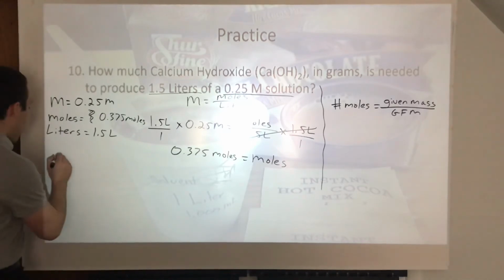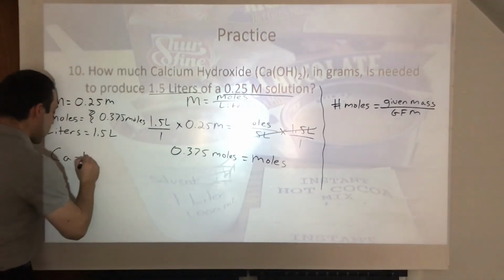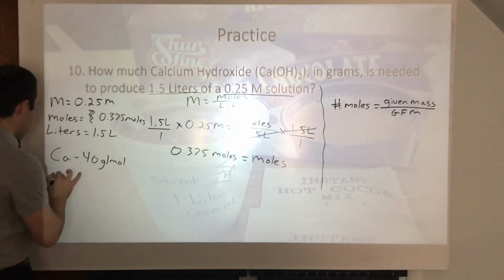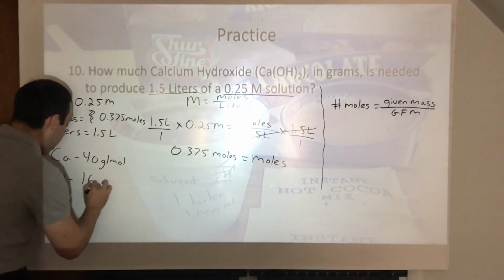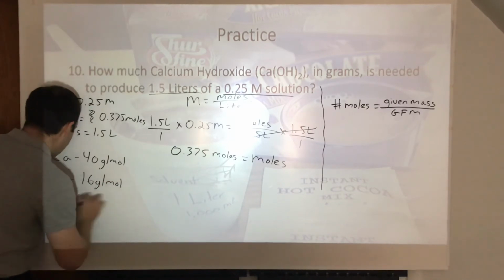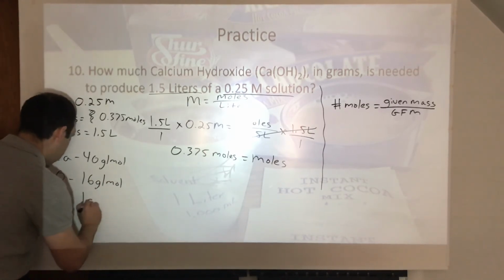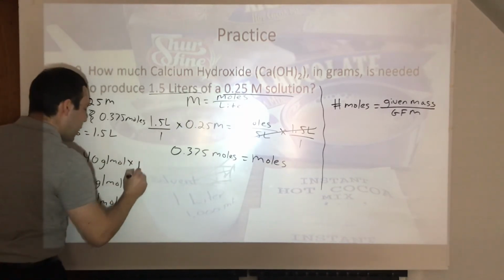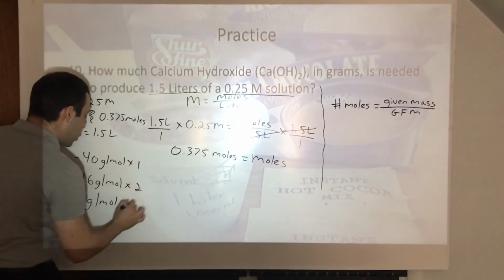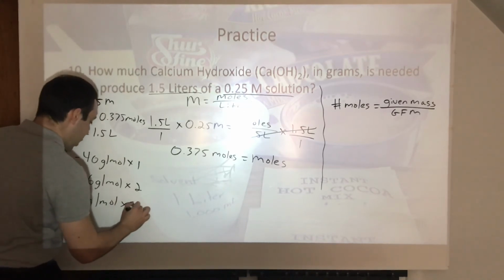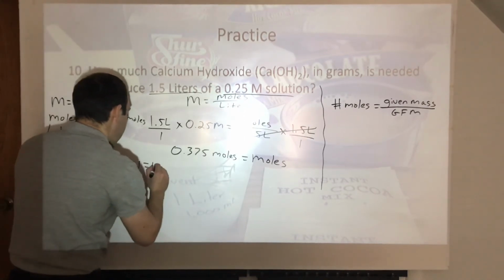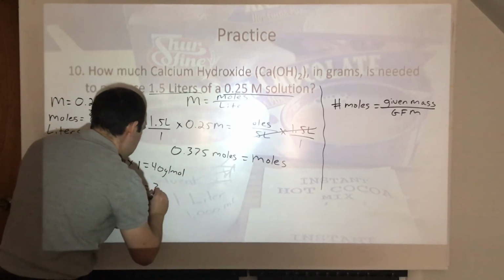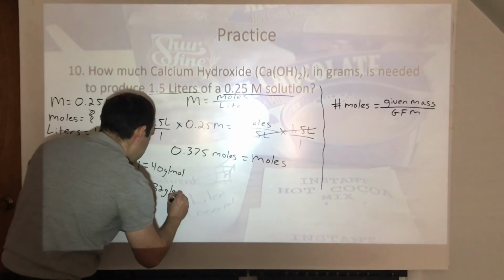The GFM of calcium hydroxide: calcium is 40 grams per mole, rounded to the nearest whole number. Oxygen is 16 grams per mole. And hydrogen is 1 gram per mole. There is 1 calcium in calcium hydroxide, 2 oxygens, and 2 hydrogens. 40 times 1 is 40 grams per mole. 16 times 2 is 32 grams per mole.